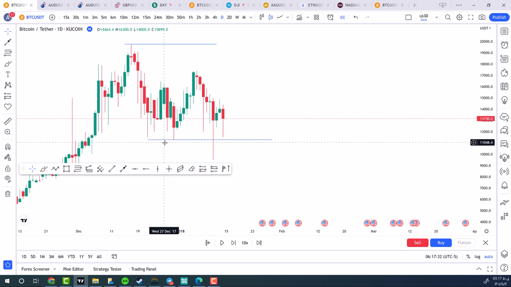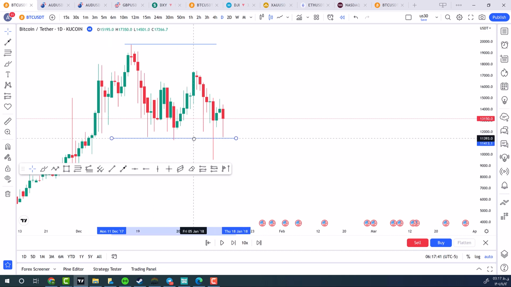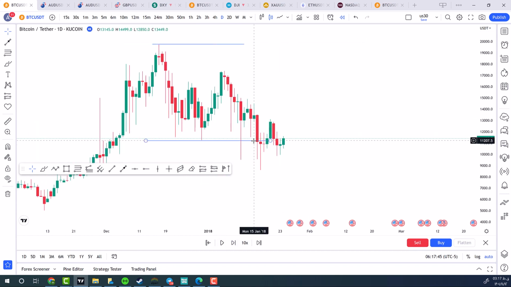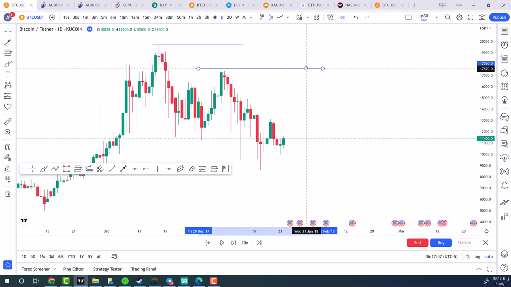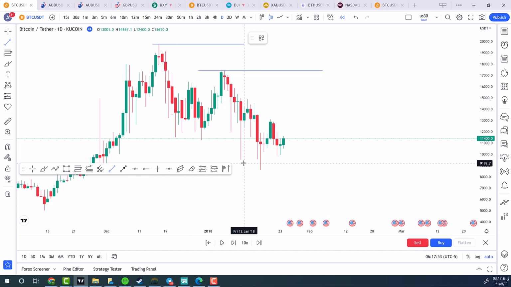Why did I change it from this point to this point? Because it's just a shadow. So when the low breaks with a body like this, we have our break of structure. So it is here, and it is going to be this low.